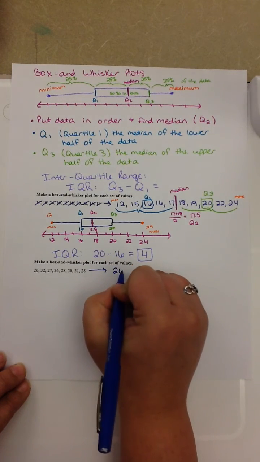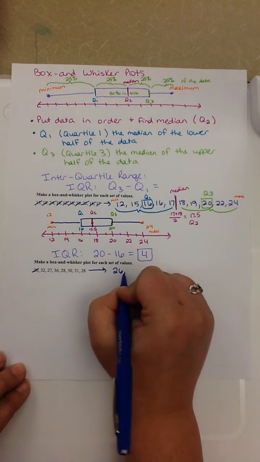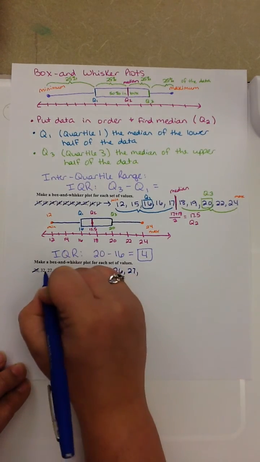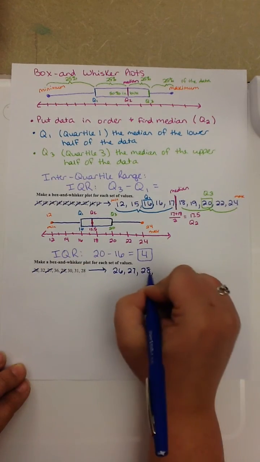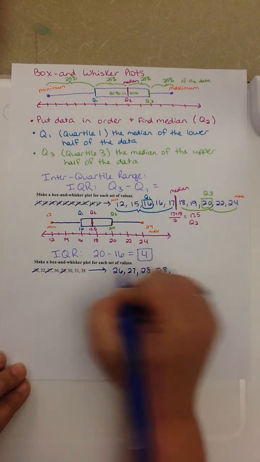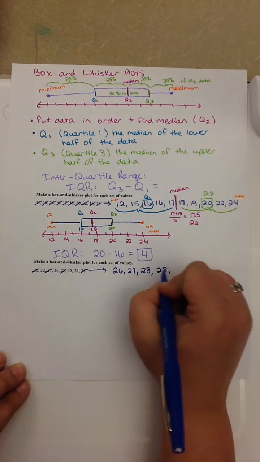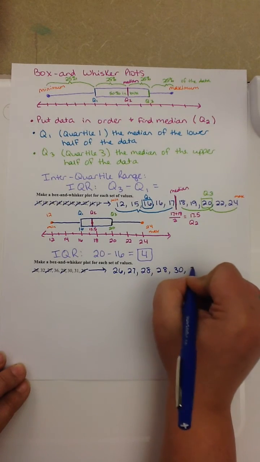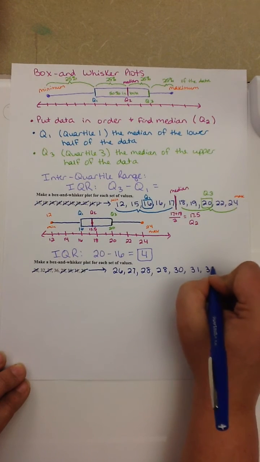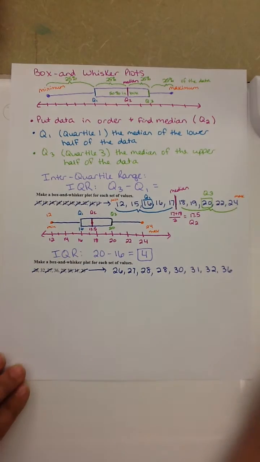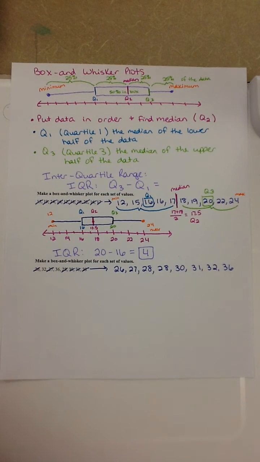So it looks like we start with a 26, then we've got a 27, 28, another 28, 30, 31, 32, and 36. Okay, now once that's in order, again pause and try to do the next step by yourself.